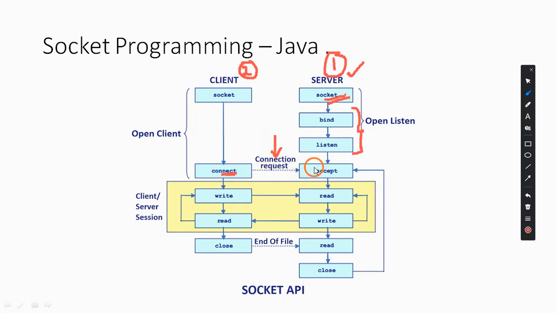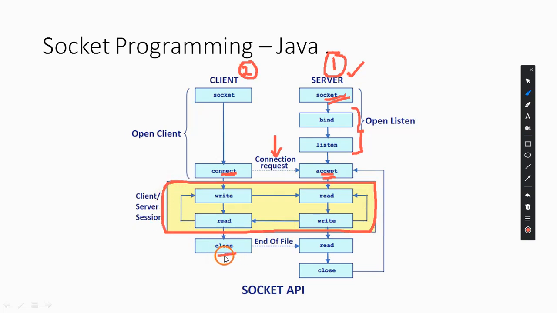Once the server accepts the call, the connection is created. After the connection is created, the client and server can talk with each other, that is send and receive data.